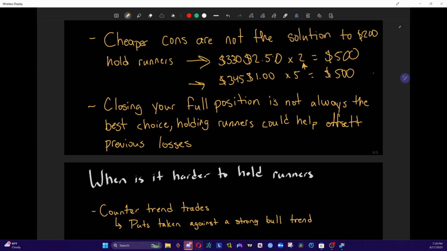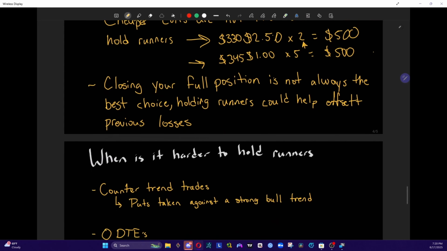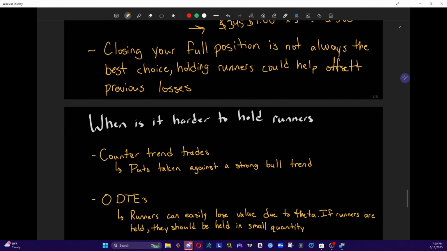How many times do you get a put set up on a bullish day, that put goes like 20%, you take profit on some of it, you hold some runners, and out of nowhere, especially if you're in zero DTEs, it just bounces, and half of those profits are gone, if not more. So if you are in a scalp, realize that it's going to be way harder to hold a runner, and you might want to set stops or not even hold runners to begin with.